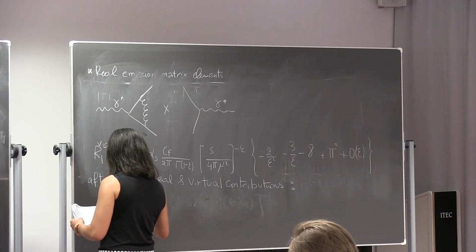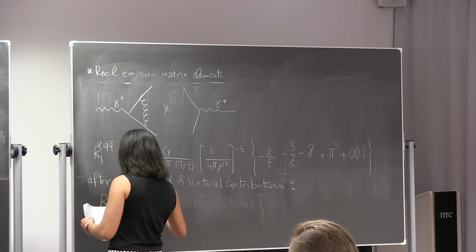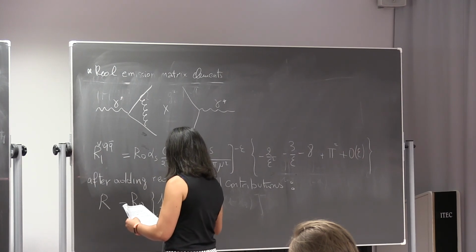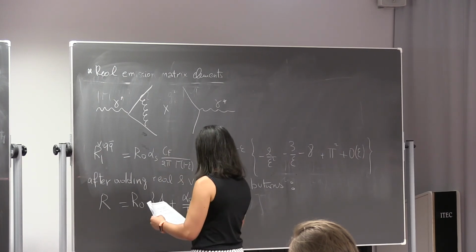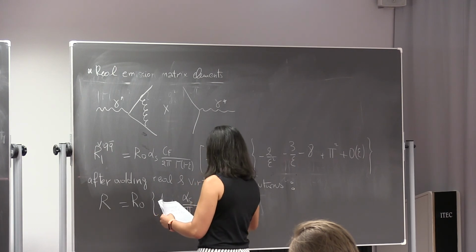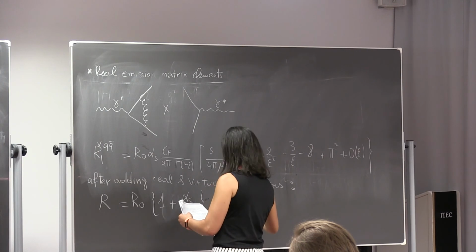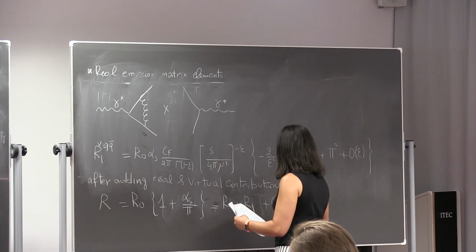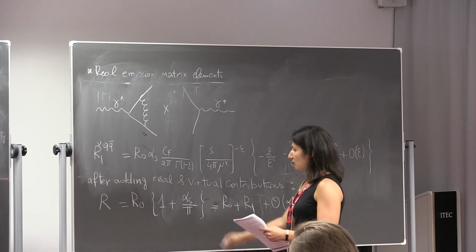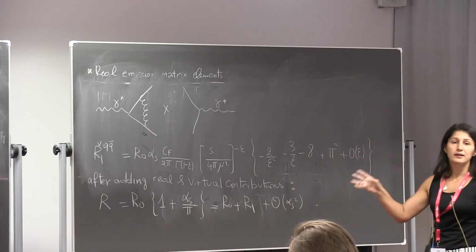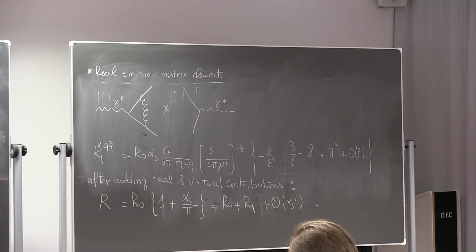It's R0 times 1, that's my leading order, plus alpha_s over pi, which is R0, plus R1 plus higher orders. So this is your R ratio at the NLO level. At the end of the day, it's just alpha_s over pi times the tree-level R.